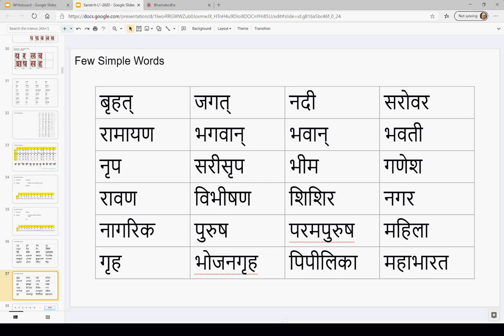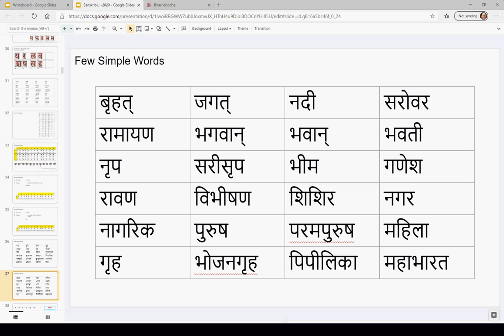Okay, this one. Nirmala, Bhagini. Brahat, Jagat, Nadi, Sarovara. Next line. Yeah, correct. Bruhat, Jagat, Nadi, Sarovara.